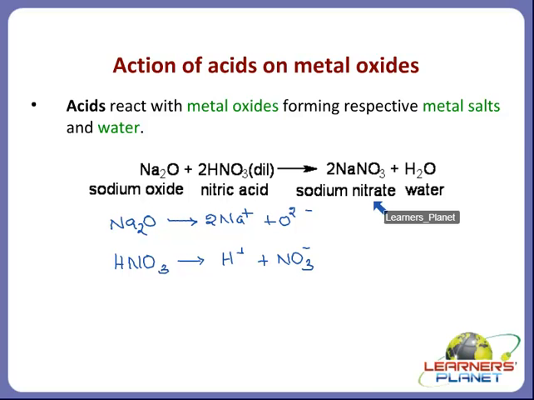Let's take another example of a metal oxide, that is calcium oxide. So what will be the formula of calcium oxide? CaO. If I react this calcium oxide with another acid, that is phosphoric acid, H3PO4, what will it form?